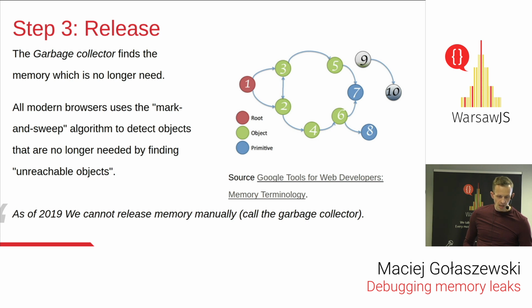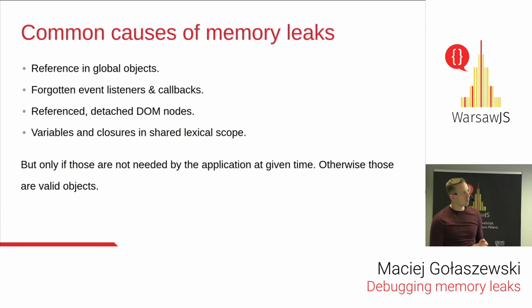So if we are talking about memory leaks, we have to know when those leaks happen and what memory leaks actually are. Memory leaks are objects that are still referenced from the garbage collection roots.